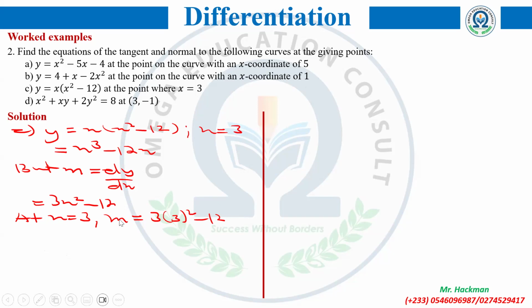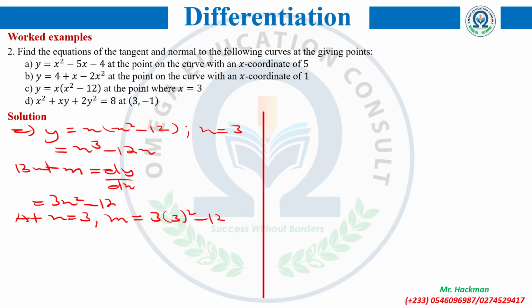Take notes. You've been given x1, but you don't know y1 directly, though indirectly you do. To find the corresponding y coordinate, you substitute 3 into the y you have there, and that will give you the corresponding y coordinate. Then you substitute that into the formula. Should I come again, or is my point well made?